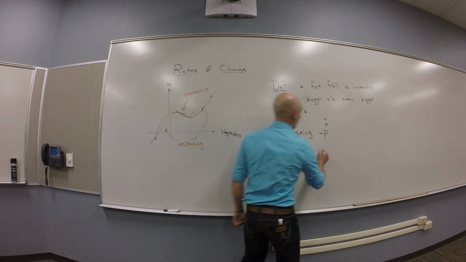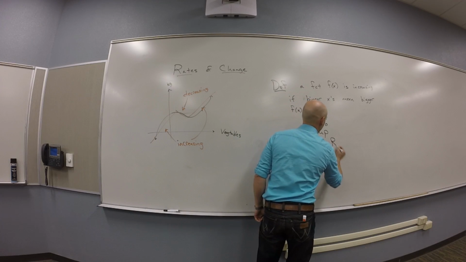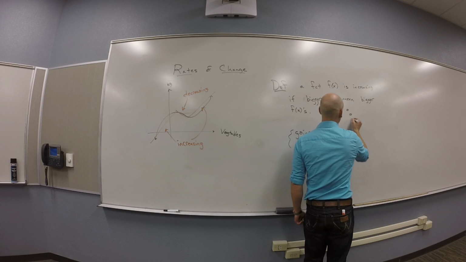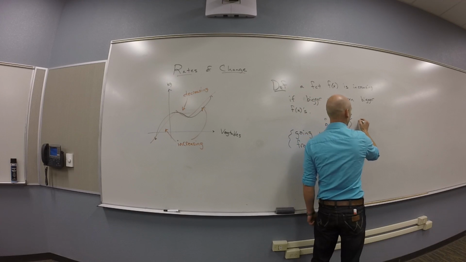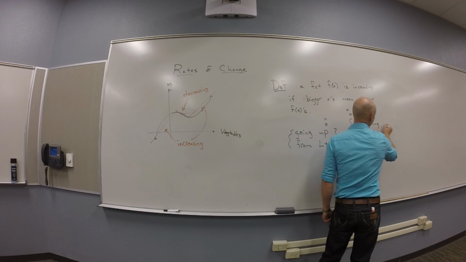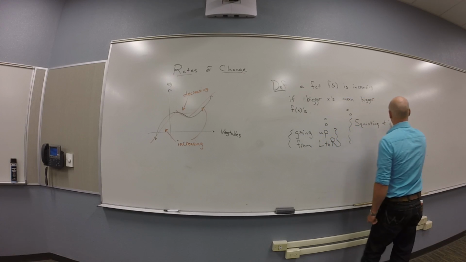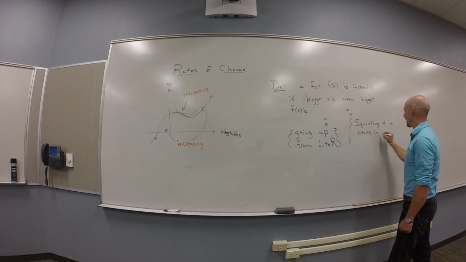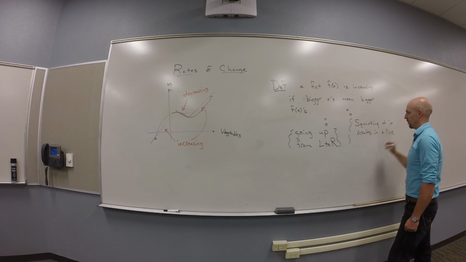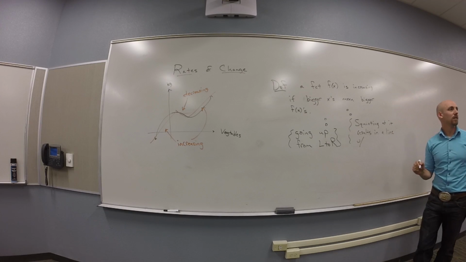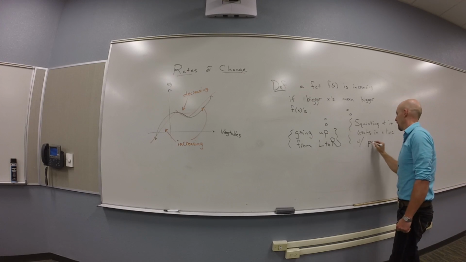So it's going up from left to right. Or squinting at it results in a line with what? Positive slope. Positive slope.